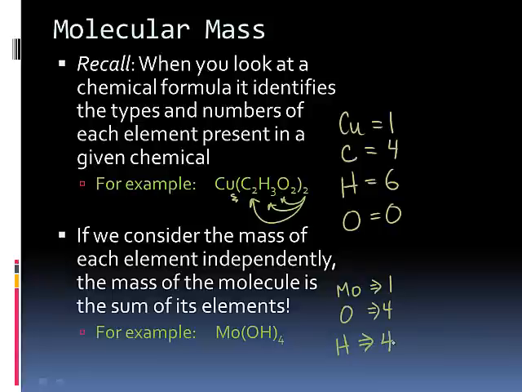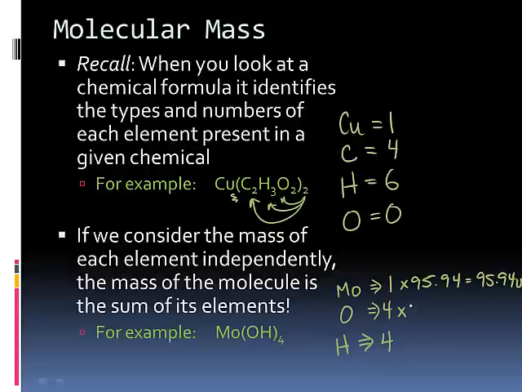If I look up the mass of molybdenum in the periodic table, it's 95.94. So that 1 molybdenum is contributing 95.94 atomic mass units to the molecule.